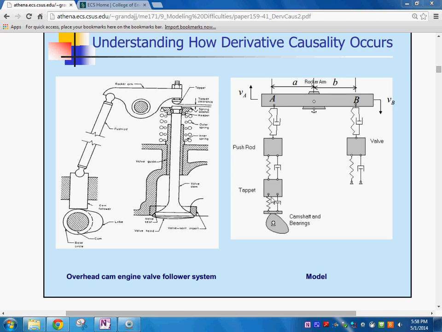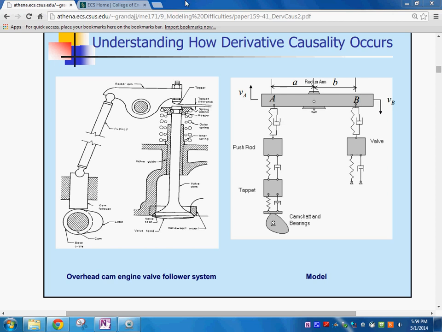In here we represent the mass for the push rod over here, and then the stiffness and damping, and this rocker arm we are modeling here as a rigid body in rotation about a fixed point. And then we have, of course, the valve over here.